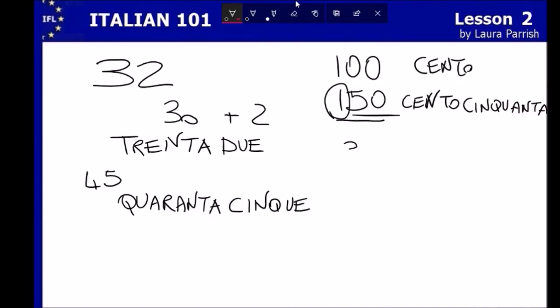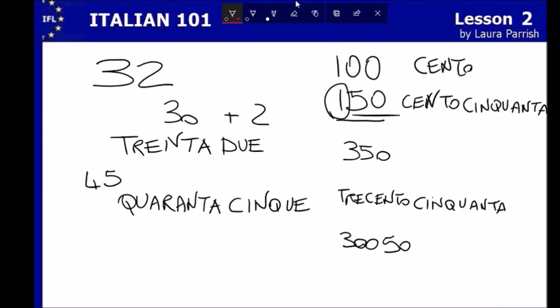Let's say that you want to read this number in Italian. 300, 350. Why? Because it's 350. In English, you say the same. Think in English. So you translate 3, 100, and then 50.